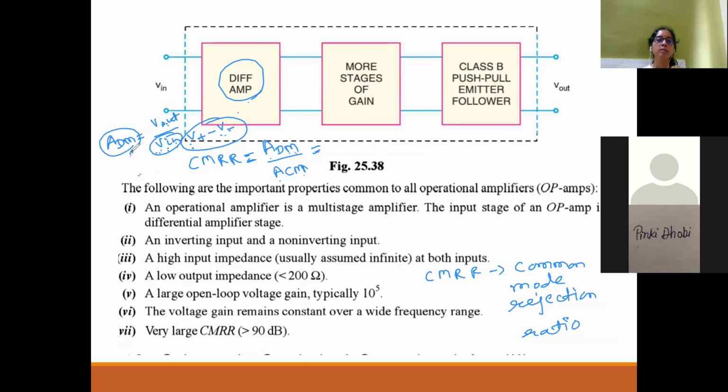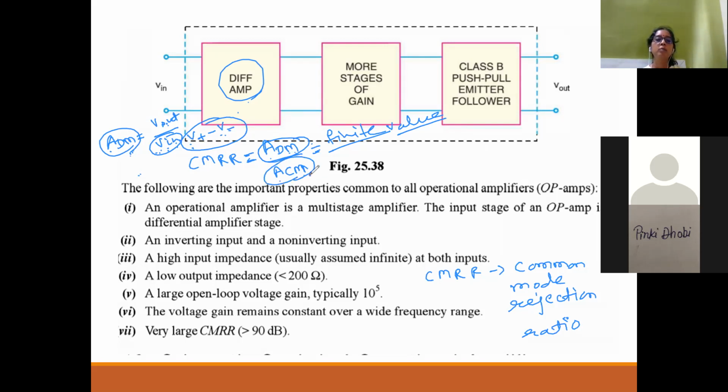And that ratio is defined as the differential mode gain. So it has some finite value, right? Something like 100, 200, not necessarily a round number. It has some finite number.